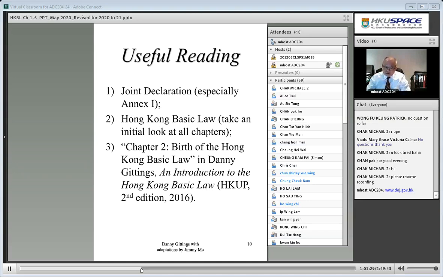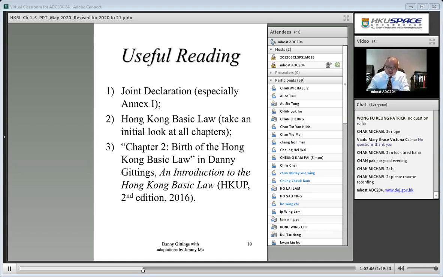And the other is to take an initial look at all the chapters of the Basic Law. Although we are not going to cover each and every provision of the Basic Law, you should at least flip through it, go through it quickly, and see for yourself what it is like. And the third item for reading is chapter 2 of Mr. Gittings's book.